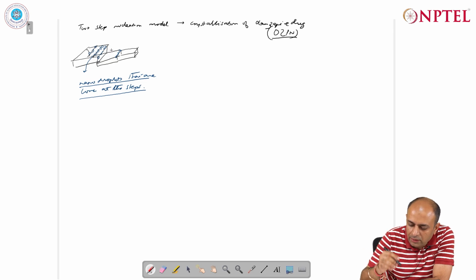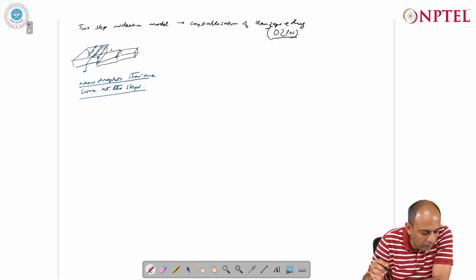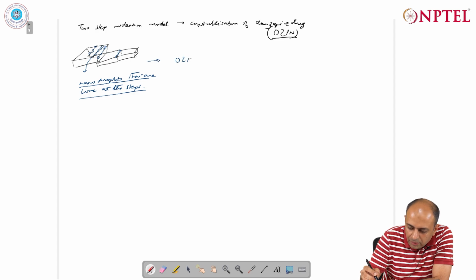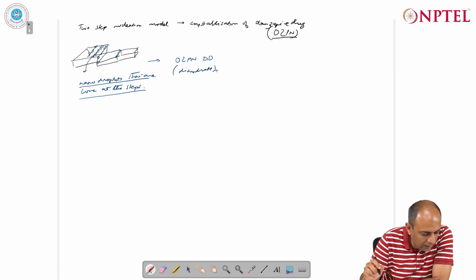So these nanoclusters come and get deposited, and further growth can now take place, and these droplets will lead to the final crystal structure of olanzapine, which is the OZPNDD, and that is the dihydrate form of olanzapine.